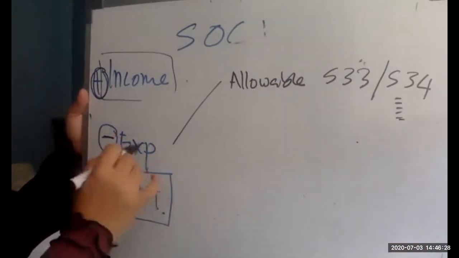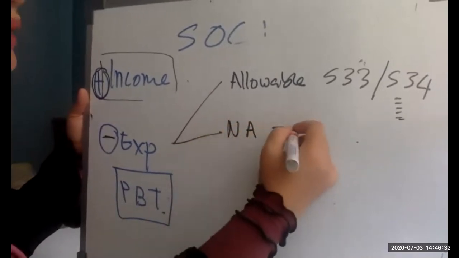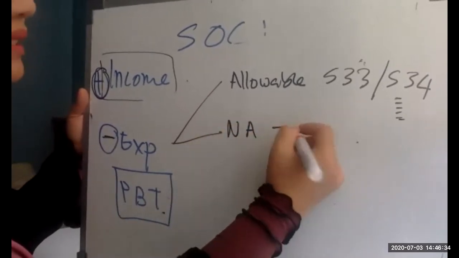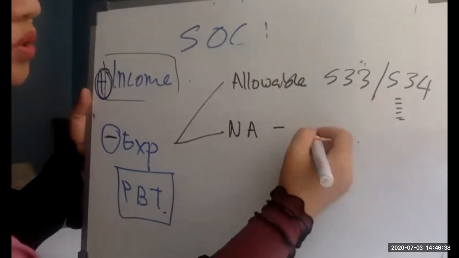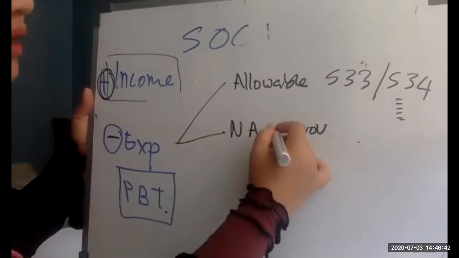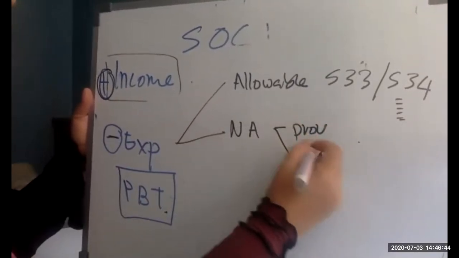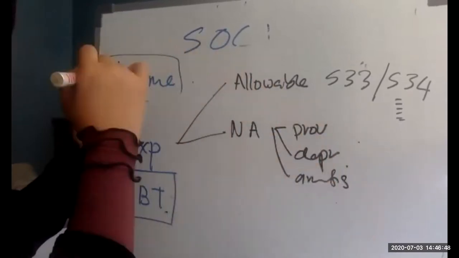And then among all these expenses, you also have the non-allowable expenses. For example, non-business expenses, which are not under section 33, or it could also be non-outgoings. So that's why you have the provision, right? You have the depreciation, sometimes you have the amortization. All these are non-cash.